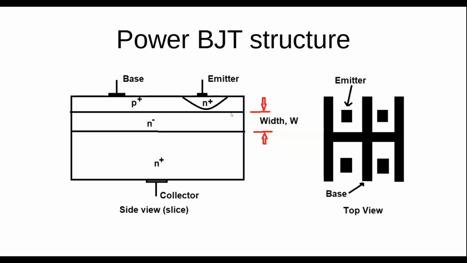This is among the things that distinguishes it from what we call a signal BJT, something you'd use maybe in a communication system, a small portable radio, to do simple class A type amplification. So that region has to be lightly doped and relatively large.